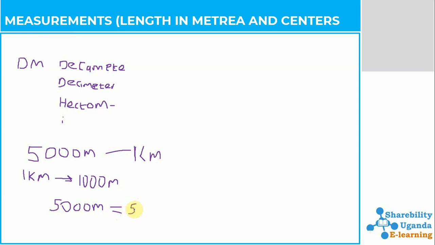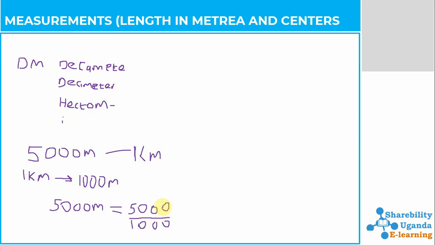5,000 divided by the number of meters in a kilometer, which is 1,000. For us to get the kilometers, we shall divide by 1,000.